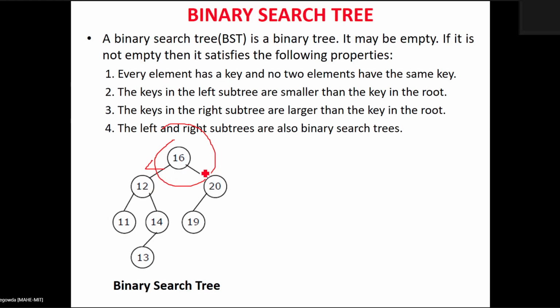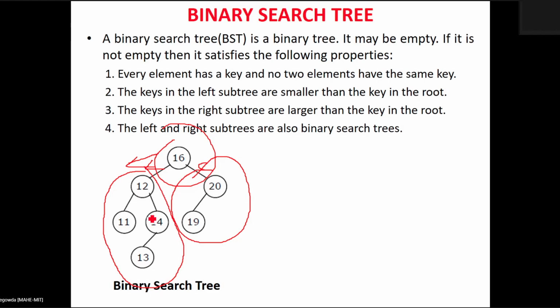Similarly, 20 is greater than 16, so it becomes the right child of 16, and so on. If you look at the left subtree of node 16, all the values are smaller than the root node. And in the right subtree of this example, all the nodes have key values which are larger than the root node.